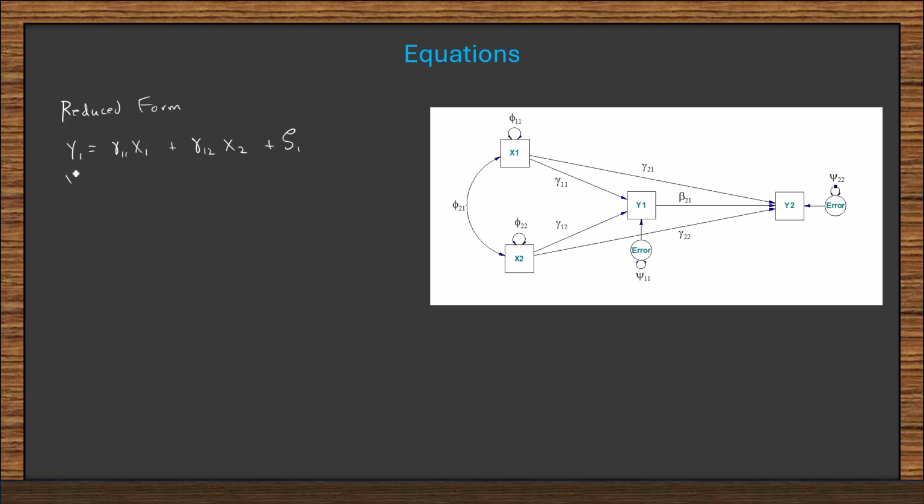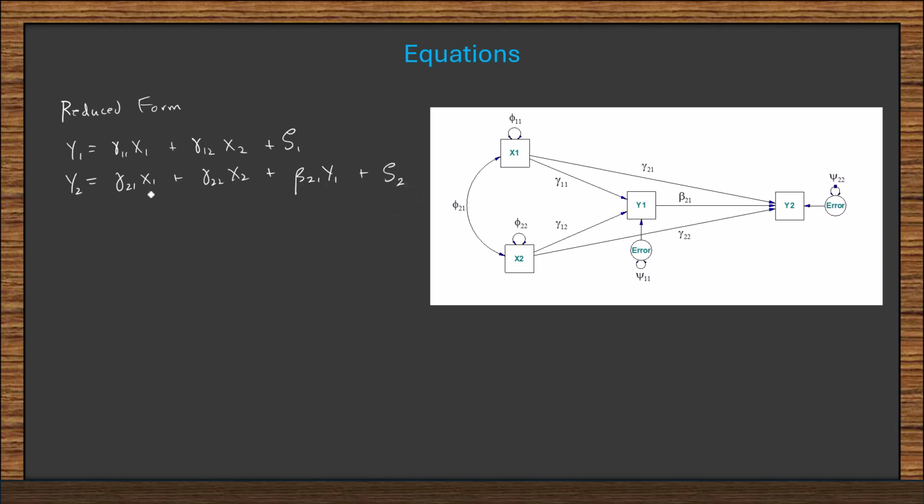Then we could do it for y2 as well. And I'm going to start with x1, that's predicting y2. So we have gamma 2,1 times x1 plus gamma 2,2 times x2, but we also have an endogenous variable y1 predicting y2, so we have a beta 2,1 times y1, and then finally the error term, zeta 2.